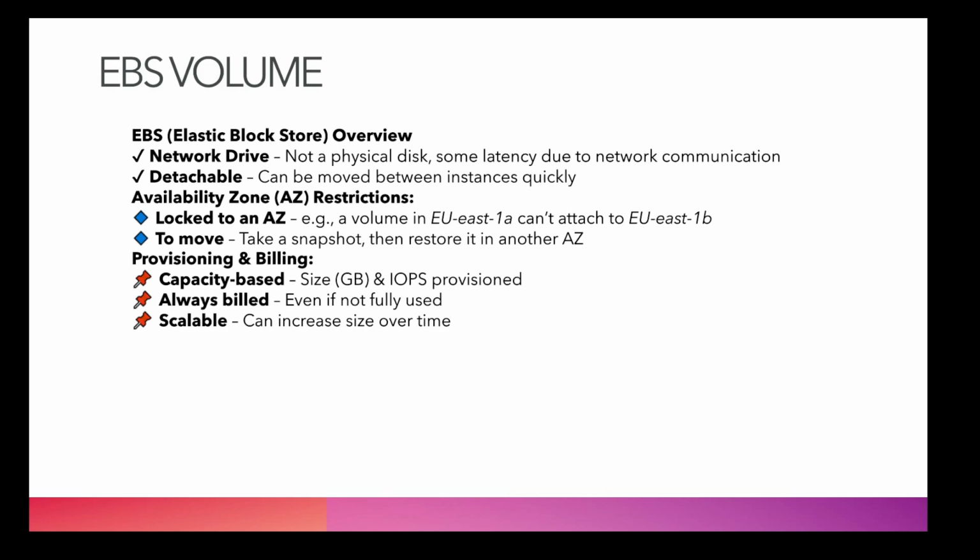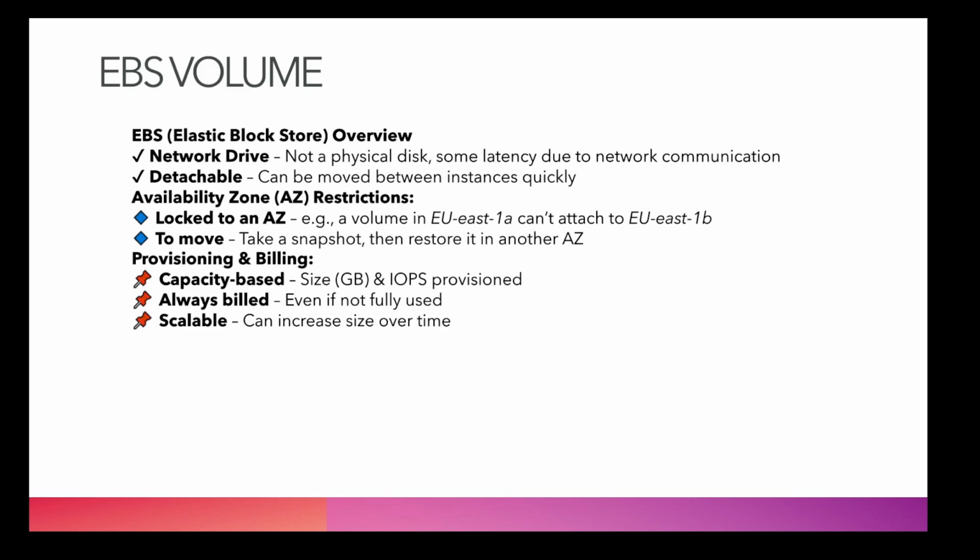In this section, we'll explore how performing a snapshot allows us to transfer a volume between different availability zones. To begin with, it's essential to understand that since we're dealing with volumes, you must provision your storage capacity in advance. This means you need to specify how much storage space in gigabytes you require ahead of time, as well as the IOPS, which stands for input/output operations per second.